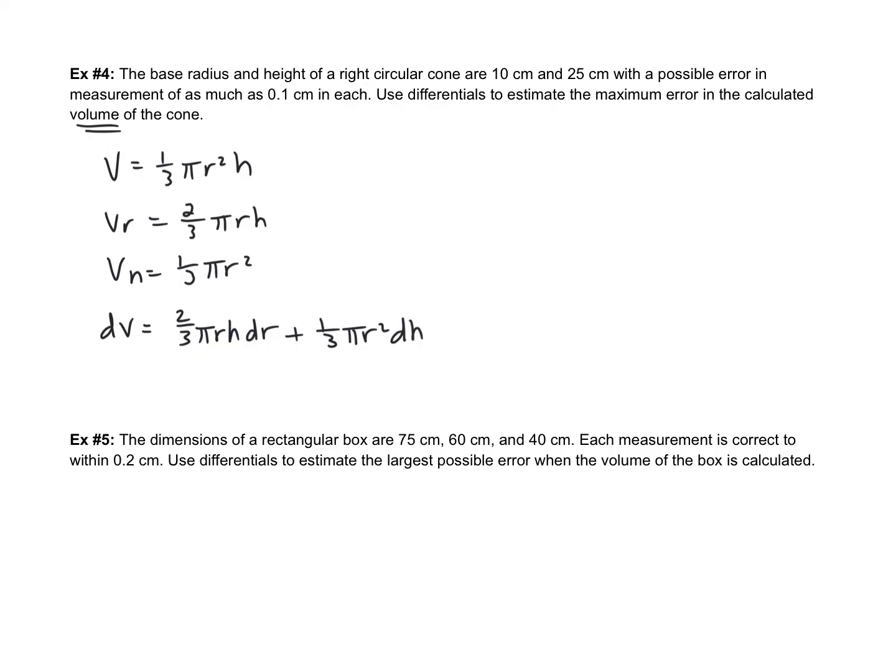And next, we are told that the possible error is as much as 0.1 centimeters in each. So what that means is the error in r is at most 0.1 in absolute value, because it could be negative or positive. And then same thing with h.